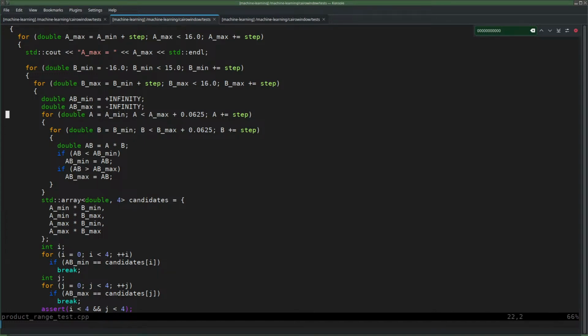We don't have to loop over all values of A and B. It's always going to be one of these 4.